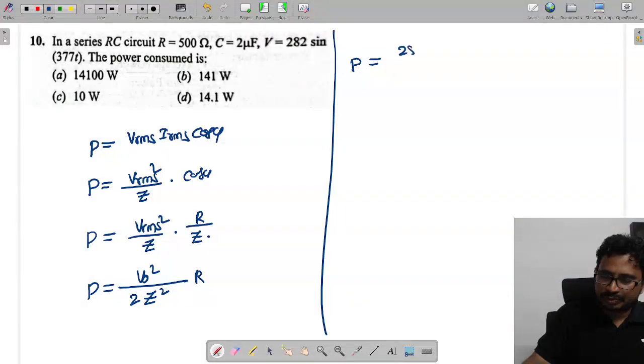V0 square, 282 square, by 2 into Z square.